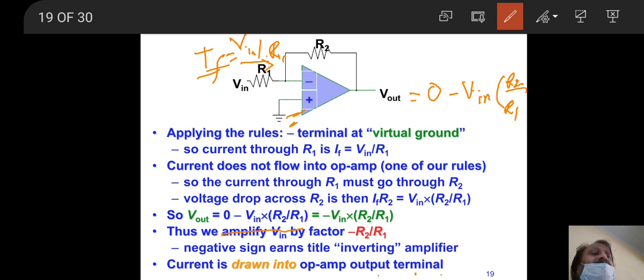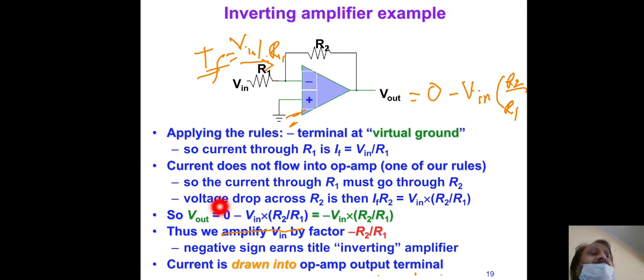So what is the amplification? The amplifier amplifies Vin by a factor of minus R2 by R1. The negative sign is why it is called inverting.